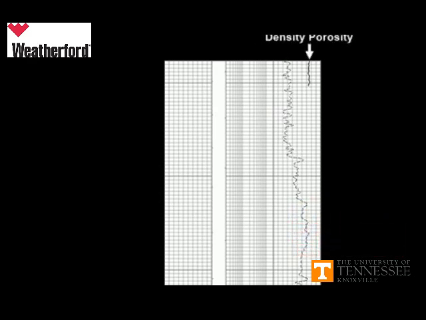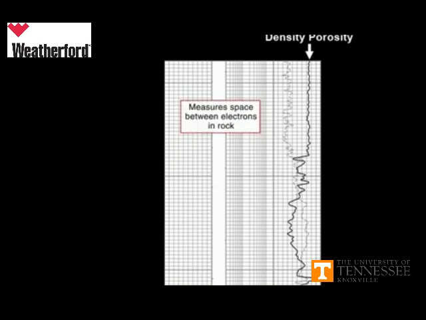Working in tandem with the neutron porosity tool is the density porosity tool. It measures the space between the electrons in the rock, also known as bulk density. Near the top of the log, there is a greater amount of density. But as we move down the wellbore, the log indicates that the rock is becoming less dense.